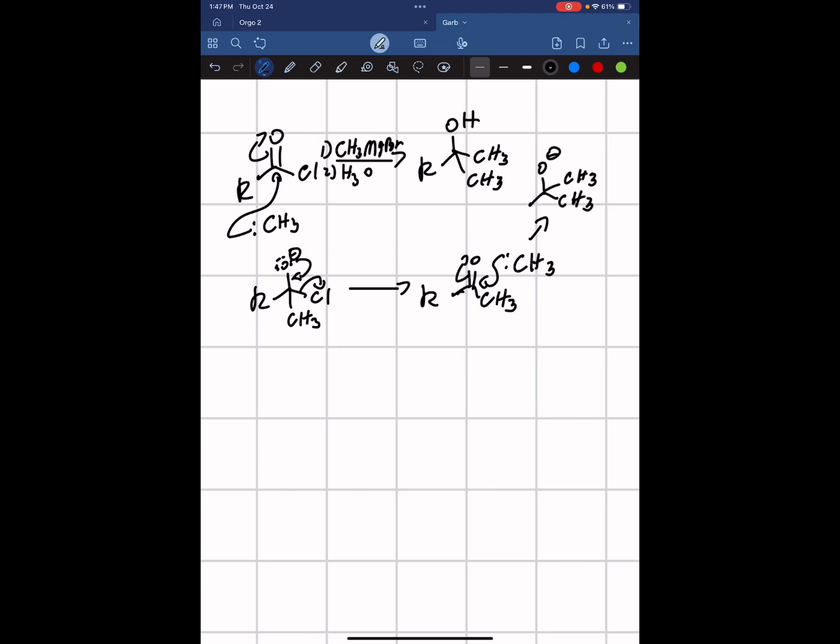And then from here, the acid workup step is going to occur, where a lone pair comes in and grabs that hydrogen atom, and it's going to give you that as the product. So pretty straightforward again, very similar to the reduction with lithium aluminum hydride, except this time we're adding on carbon atoms. Okay, for our next one.